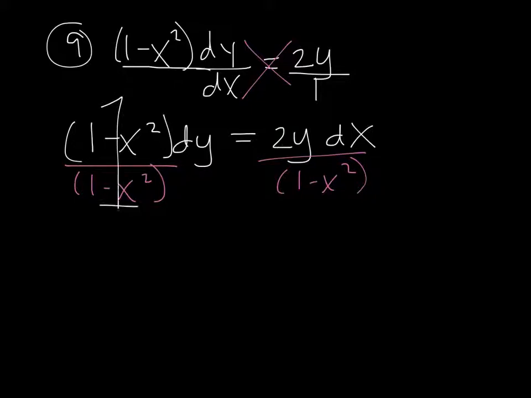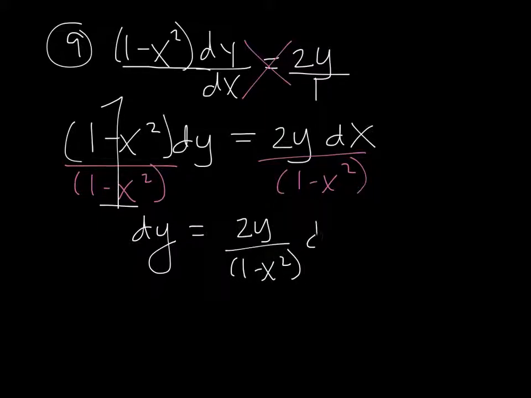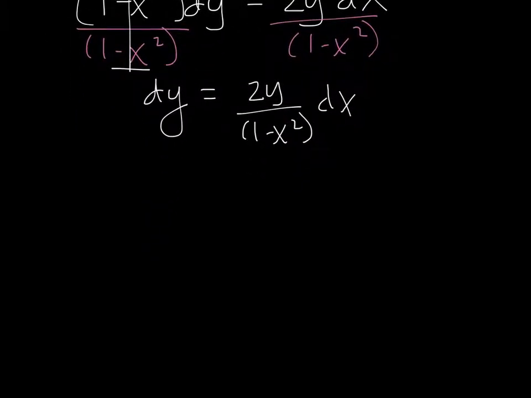This is a big 1. 1 times dy is just dy. And I'm left with 2y over 1 minus x squared dx. The next step, I'll divide 2y from both sides, because here's my dy, it's in the numerator, but I want this function of y on this side.